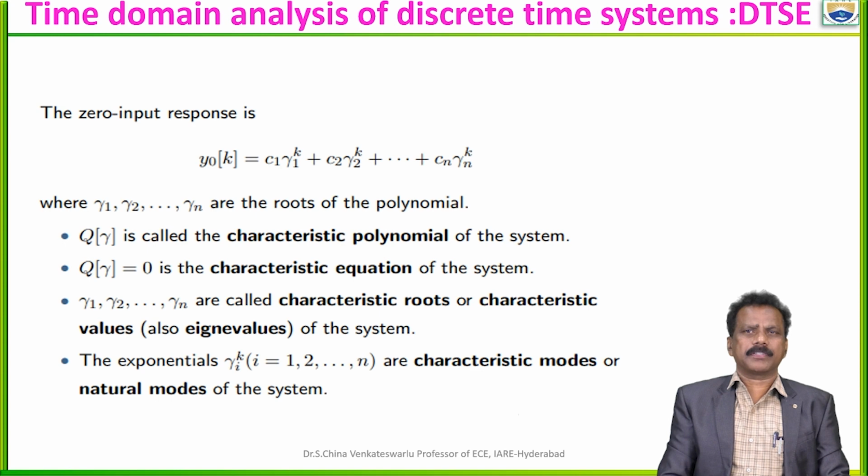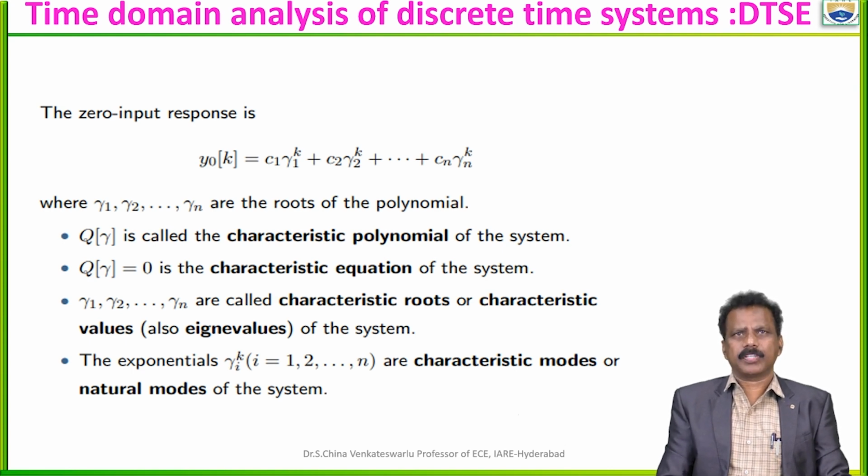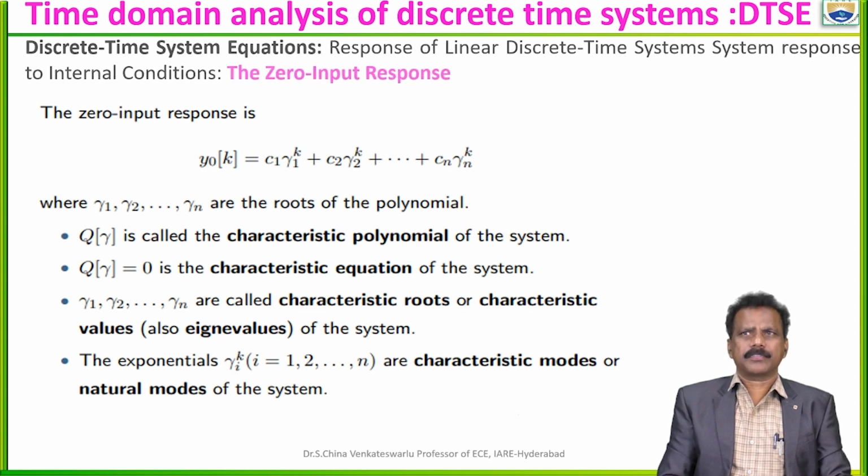After that we will consider the characteristic roots, or eigenvalues, which you can verify and analyze using the time domain analysis of the response of the linear discrete time system.